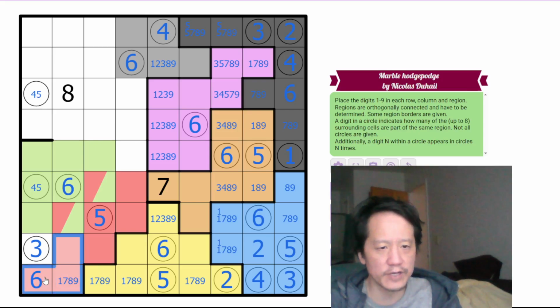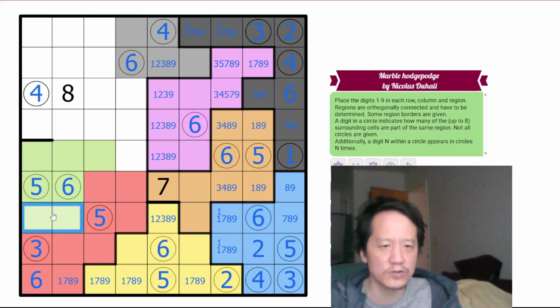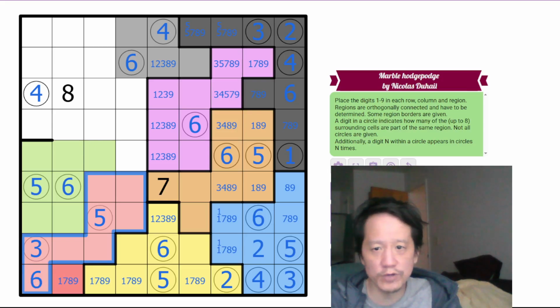Since these are red, this must be a red because it can't be green anymore. So this is red, which means this can't be green. Or sorry, this can't be red. We have 3 reds here. Therefore, this is green, and this must be 5, and this must be 4. This can no longer be green because we have already 6 green surrounding cells here. Therefore, this is 5. 1, 2, 3, 4, 5, 6, 7, 8, and 9. So this red region is all done.